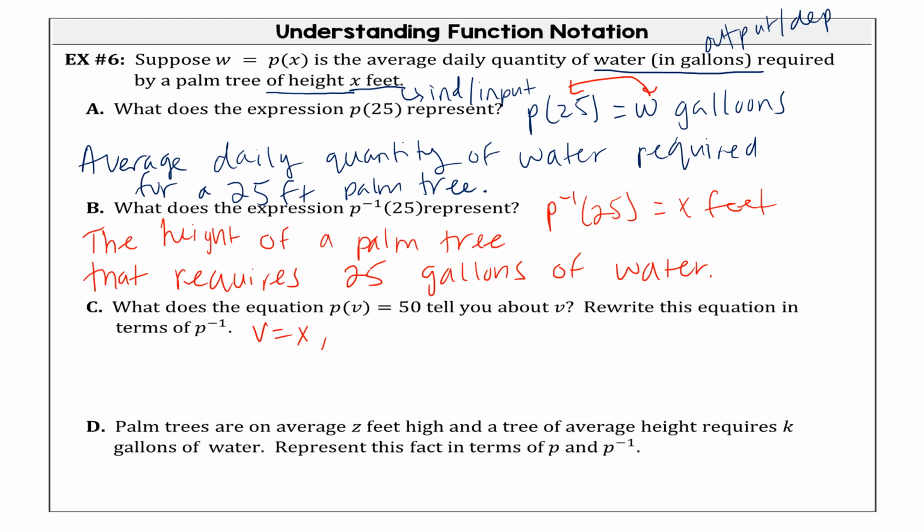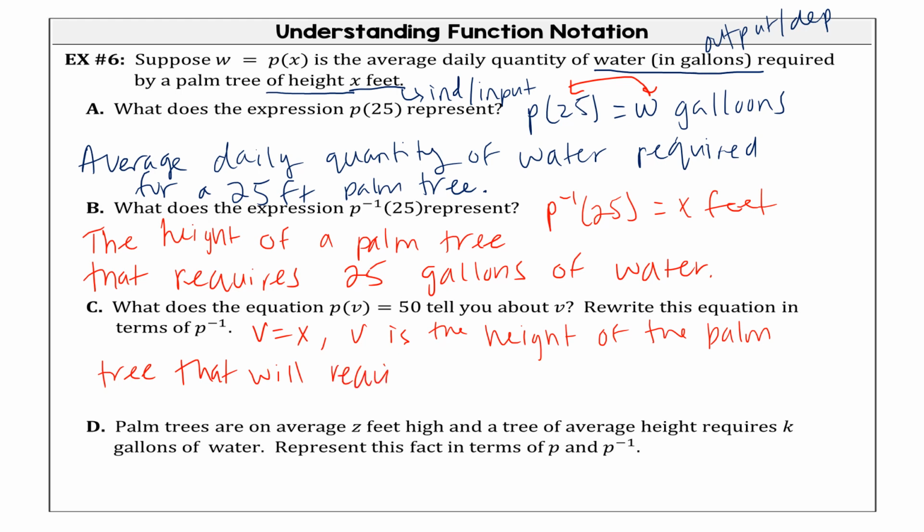So V is the height of the palm tree that will require, and then our output is 50 gallons of water. I've got to figure out a better way of holding my pen.